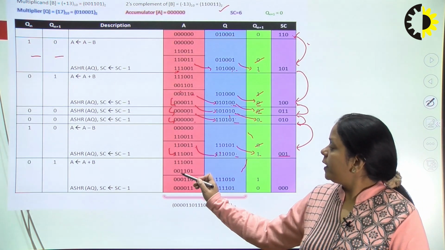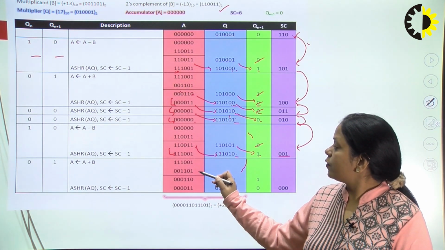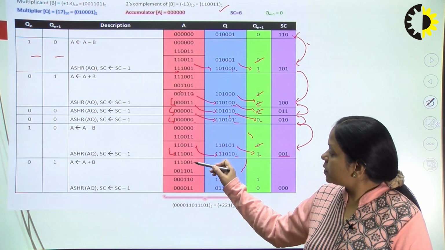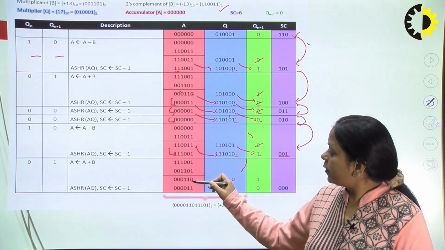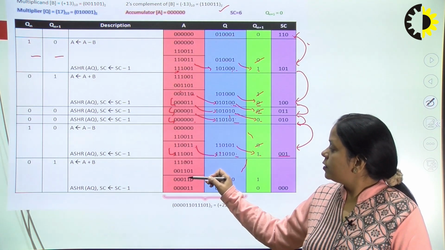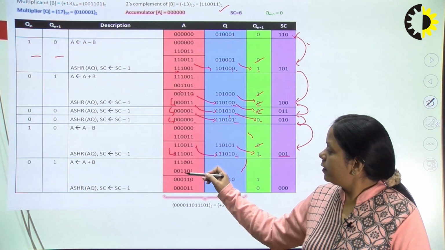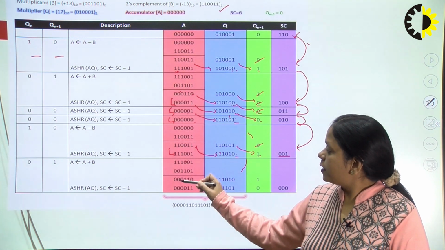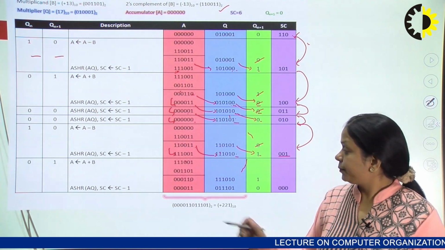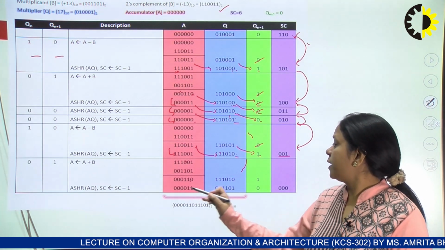The value of B is 0, 0, 1, 1, 0, 1. We will add these values. 1 plus 1 is 0, carry bit is 1. 0 plus 1 is 1. 1 plus 1, 0, carry 1, and again we will have 1 carry bit which is discarded. Now, we will perform arithmetic shift right.